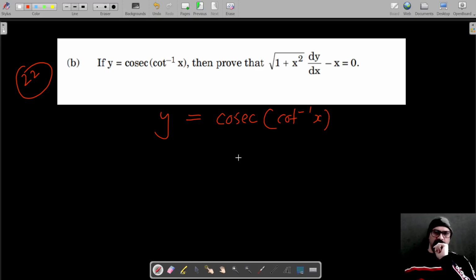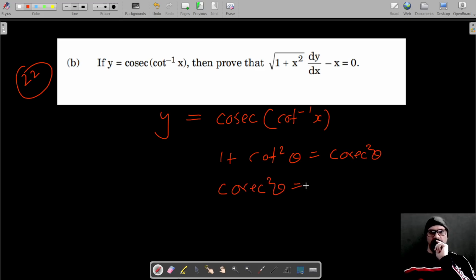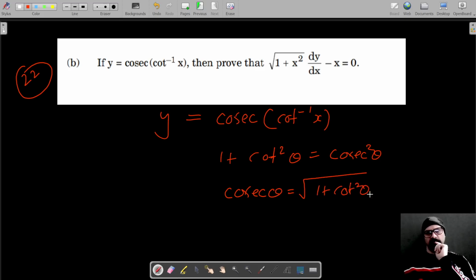Now we know this identity where 1 plus cot square theta is equal to cosecant square theta, which gives me cosecant theta is equal to under root 1 plus cot square theta. So I'm going to use this identity here.